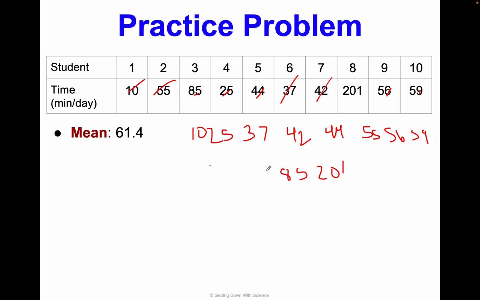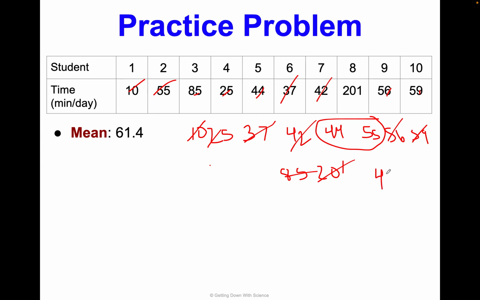Okay, so now that I have them in numerical order, I'm going to start crossing them out. So 10, 201, done. So that's 1, here's 2, here's 3, here's 4, and you see we have an even number. So how would you find the median if you have 2 numbers in the middle?